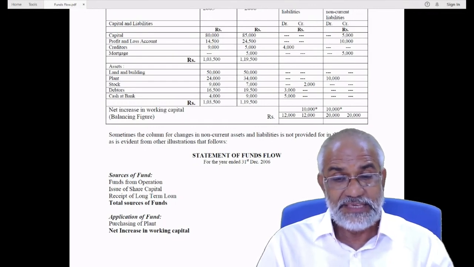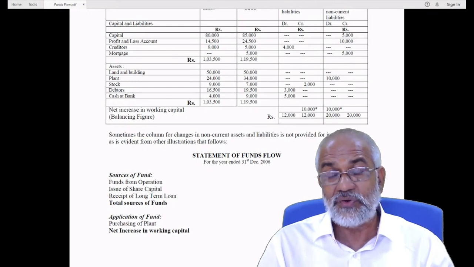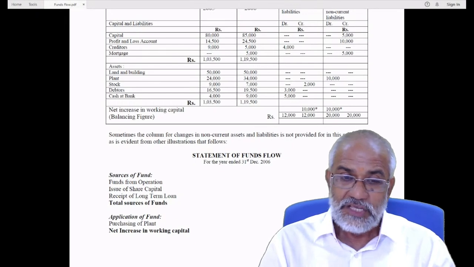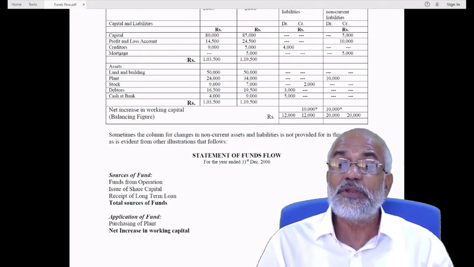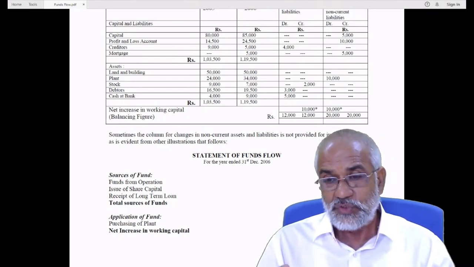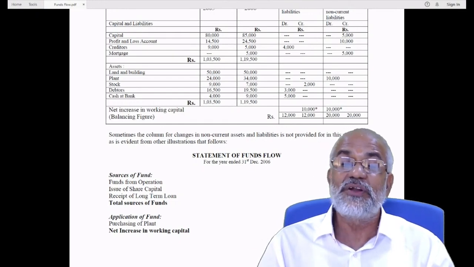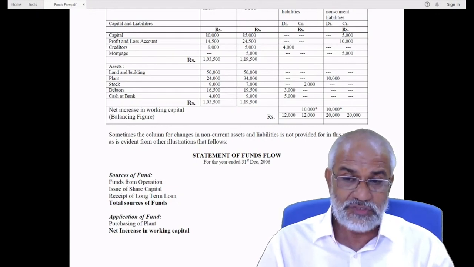So here the actual funds from operation comes to 12,400, not 10,000 as determined earlier. So under the sources of funds, the funds from operation we took earlier as 10,000 would be 12,400 now. So the total of sources of funds would be 22,400 and the total of application of funds would be 22,400.